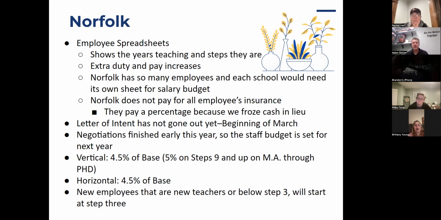And so with those spreadsheets, instead of putting it all in the same one, we end up using multiple spreadsheets for school to school. That way you can see the difference. But it shows the years of teaching and the steps that they are.